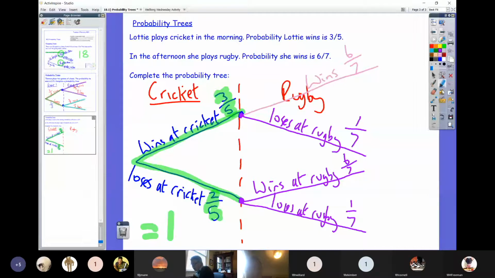Now, because we're in lockdown, it seemed easier for me to make today's exercise purely practicing this skill. I expect lots of you will rattle through it, and you will need to go and work on something else. So please don't just get 15 out of 15 in 5, 10, 15 minutes and then just leave.